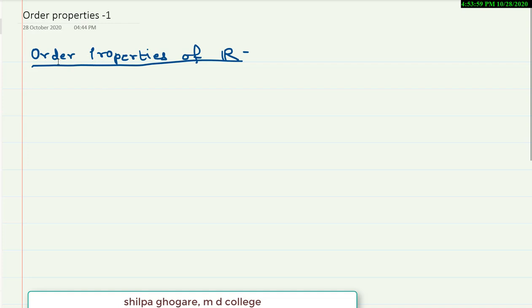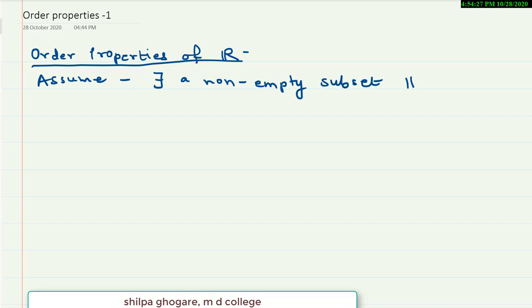And in this lecture for first year BSc Maths 1 Calculus, I am going to explain order properties of R. So we assume that there exists a non-empty subset R plus.